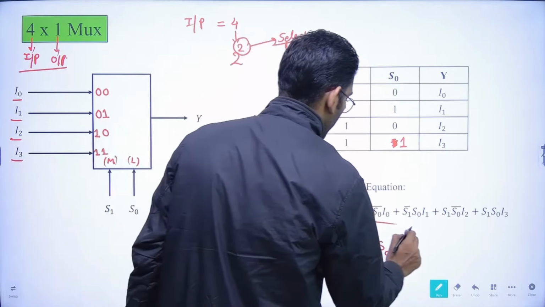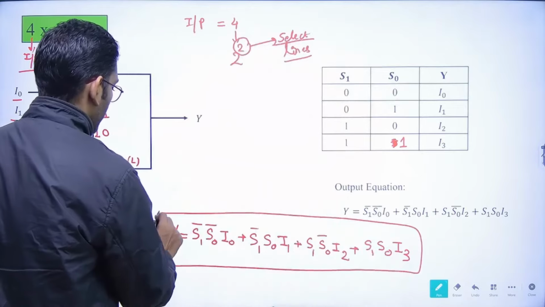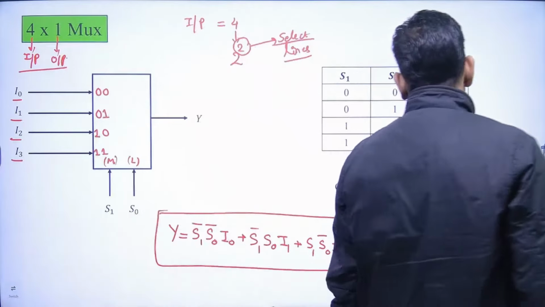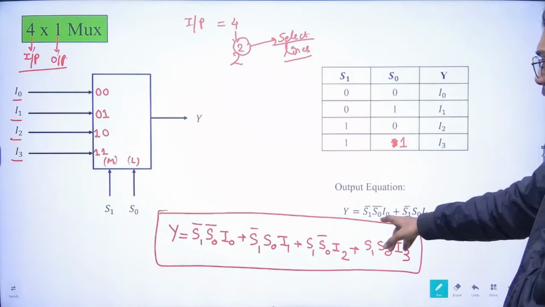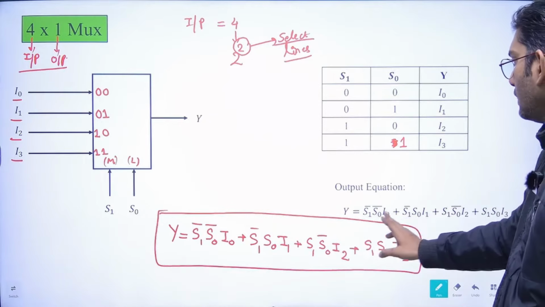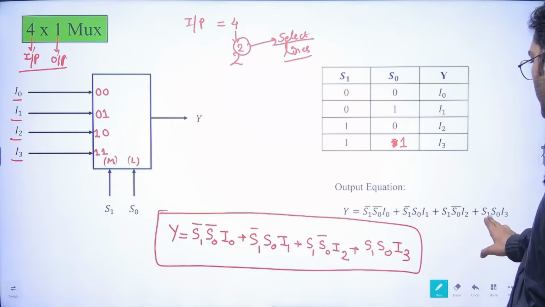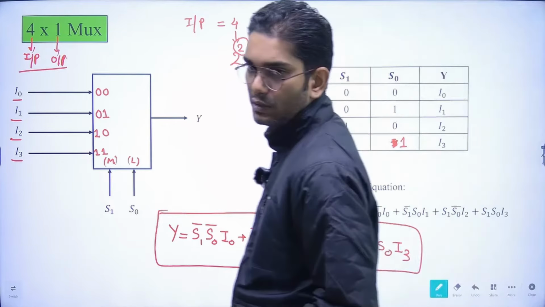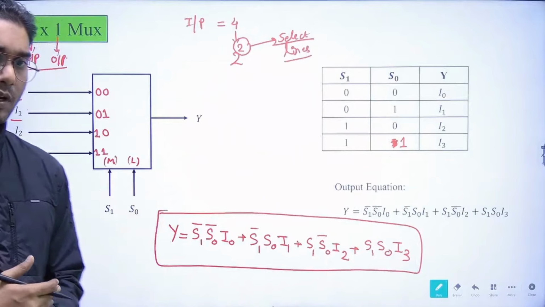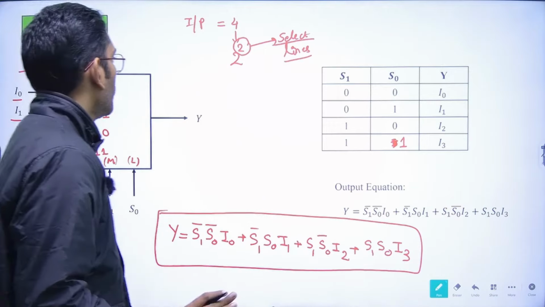So this is basically the output equation. You can match it with the equation written over here: S1 bar S0 bar I0, S1 bar S0 I1, S1 S0 bar I2, and S1 S0 I3. So this is the output equation of this particular 4x1 MUX.